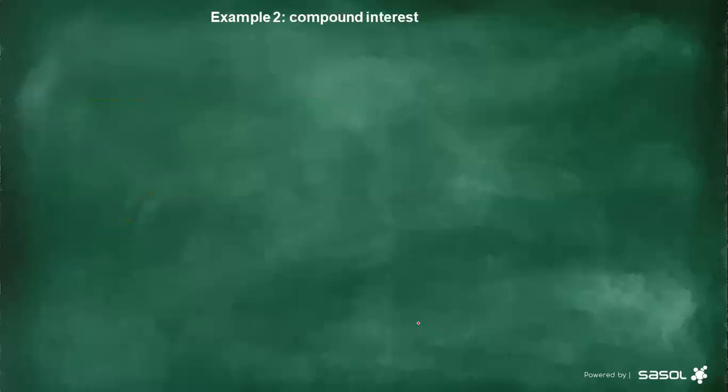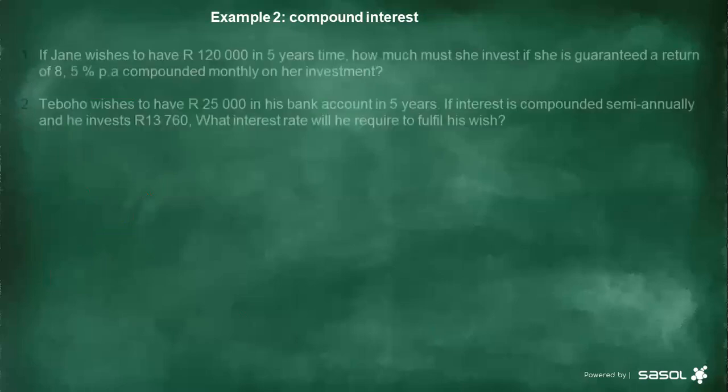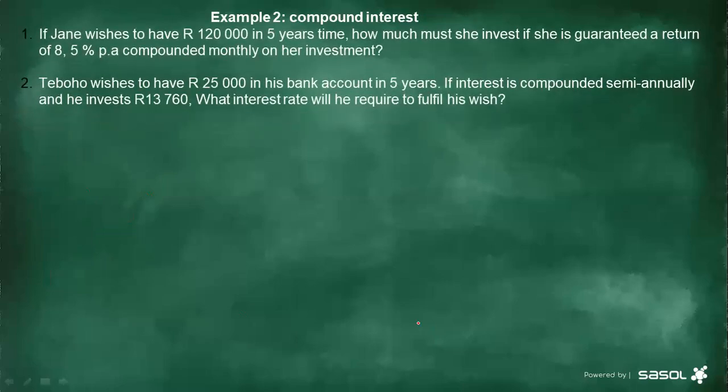We still have examples under compound interest. All right. If Jane wishes to have 120,000 in 5 years' time, how much money must she invest if she is guaranteed a return of 8.5% per annum compounded monthly on the investment?